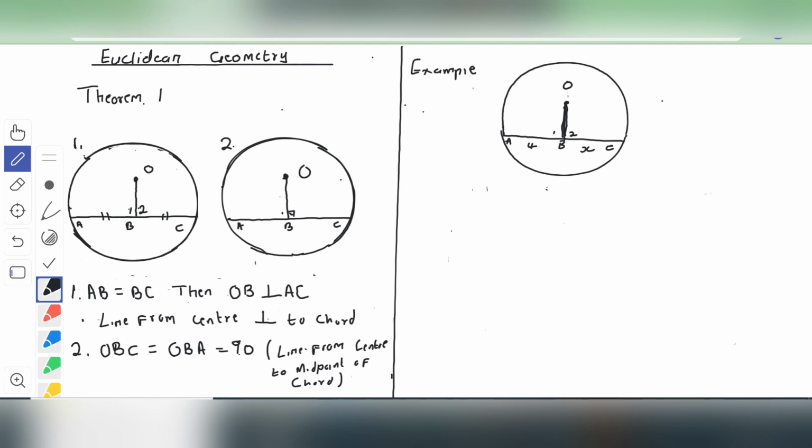Remember, whenever we talk about perpendicular, let me write it where we all can see it.